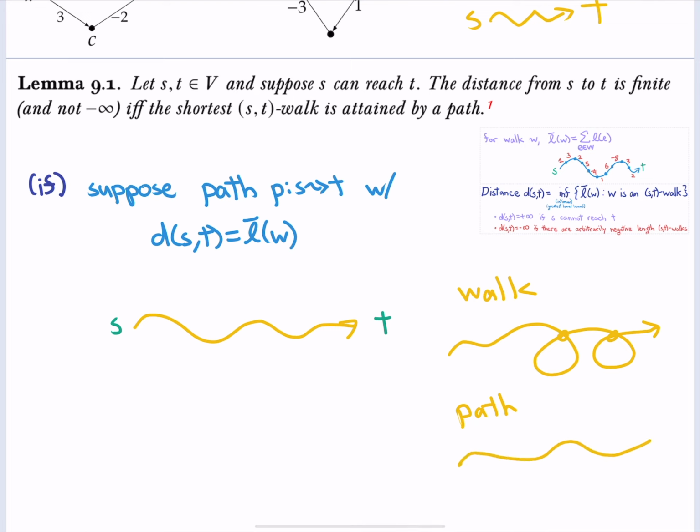A path should be all distinct vertices. The definition of distance allows you to repeat vertices. So structurally, this is saying the distance is finite if and only if that shortest walk doesn't repeat vertices, or at least there is a shortest walk that doesn't repeat vertices.